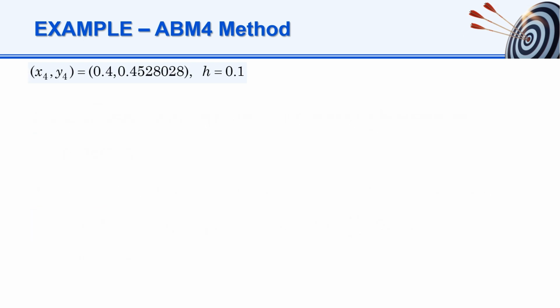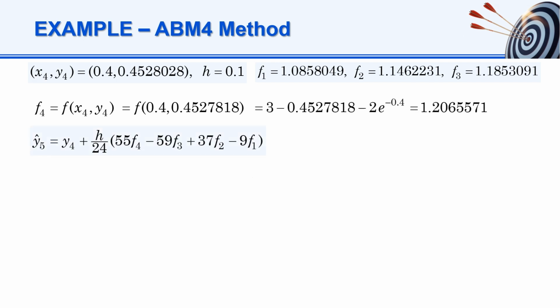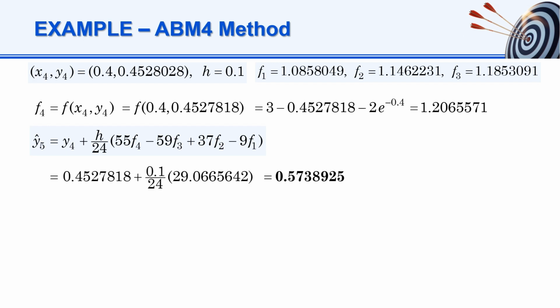Note that 3 of the 4 slopes used in the predictor step, F1, F2, and F3, have already been calculated, and they can be used directly. We only need to calculate the slope of the last step, F4. Substituting F4 in the predictor step gives y hat 5 as 0.5738925.